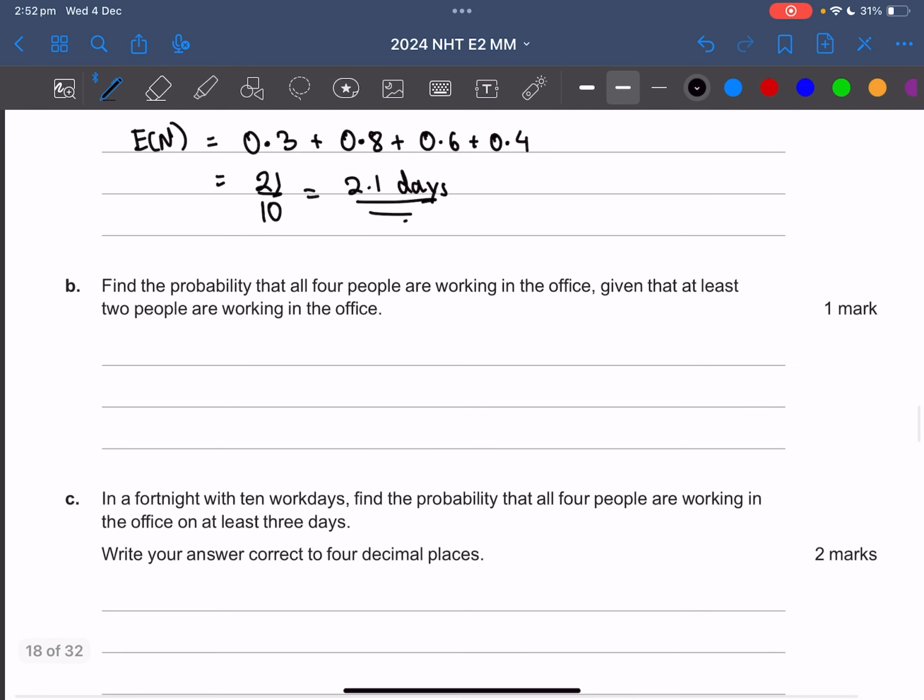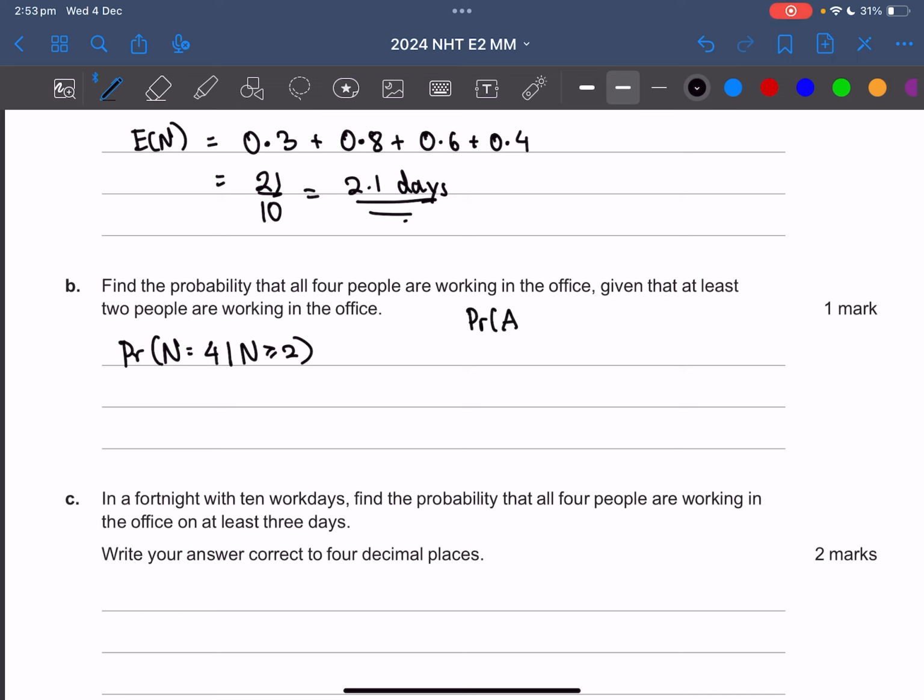Find the probability that all 4 people are working in the office given that at least 2 people are working in the office. Okay, so probability that 4 people are working in the office, so n is equal to 4, given that at least 2 people are working in the office. So this is a conditional probability question. Let's recall the formula.